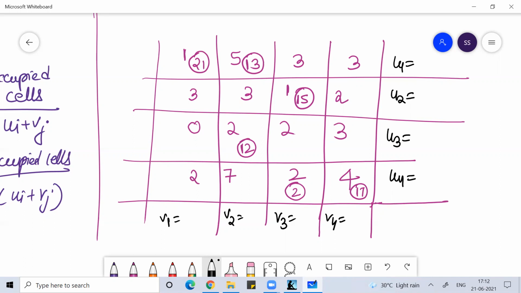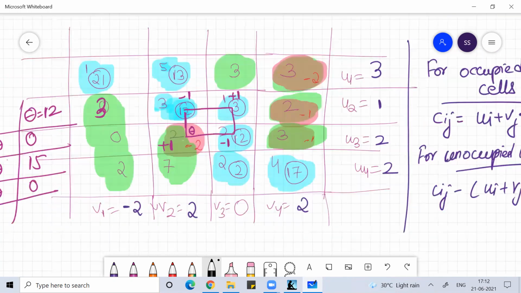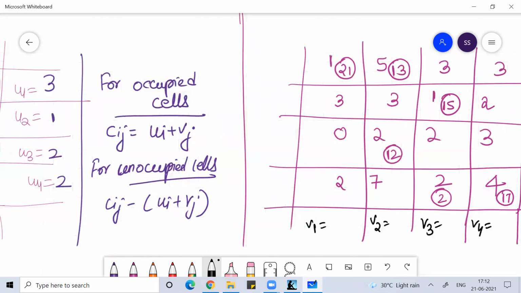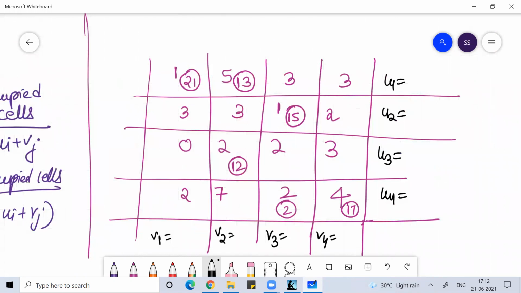The allocation is not non-degenerate, because two elements become 0. Definitely here we need to put epsilon. I hope you remember last class I discussed putting epsilon. If the total number of allocations does not follow m plus n minus 1, then we are left with no option, we have to put epsilon. So we'll see where we can put epsilon.